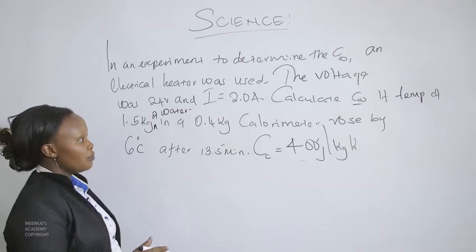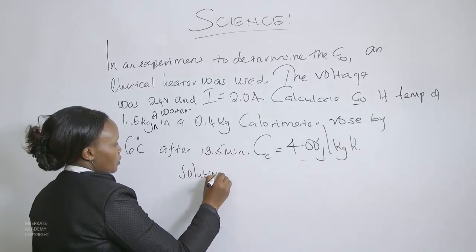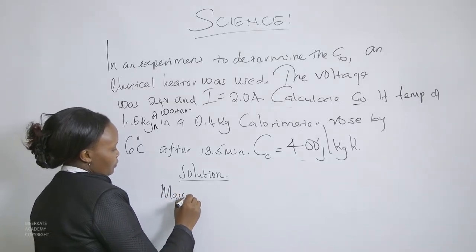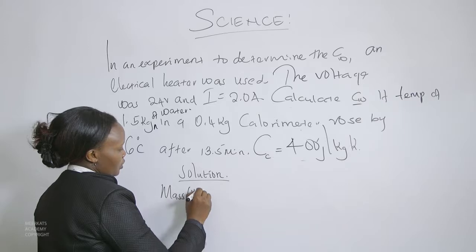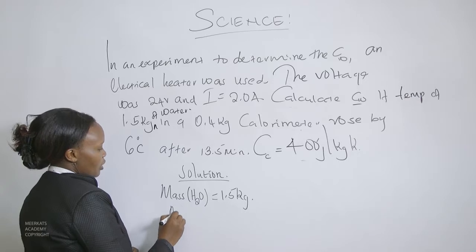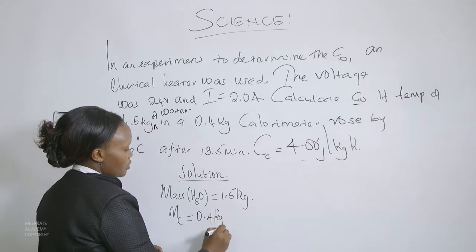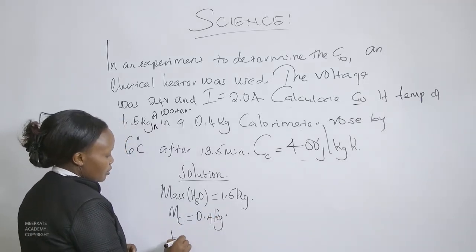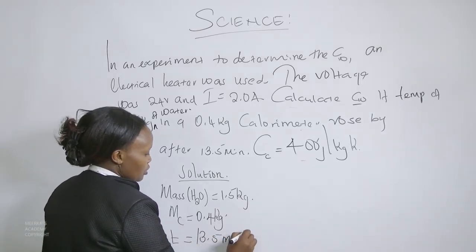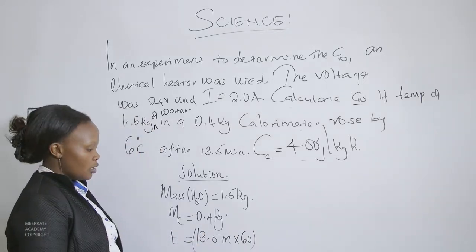Now let us look at the information that we have. The mass of water is given as 1.5 kgs. The mass of the calorimeter is 0.4 kgs. Again, we have the time as 13.5 minutes. This one we change to seconds.